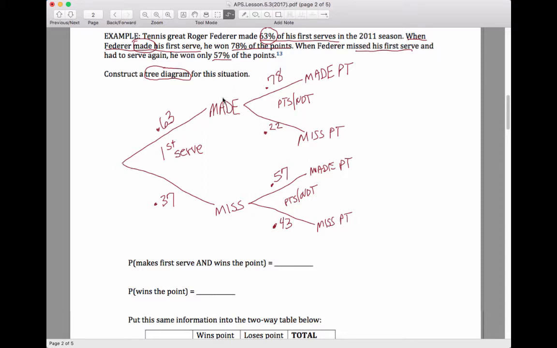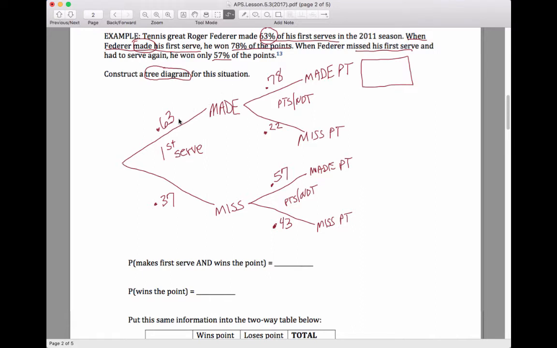Now if you read the top branch, we know there's a 63% chance that he made his first serve, and of those made serves, 78% of the time he made the point. So the question is, what percent of the time do both of these things happen? He made the first serve and he got the point.